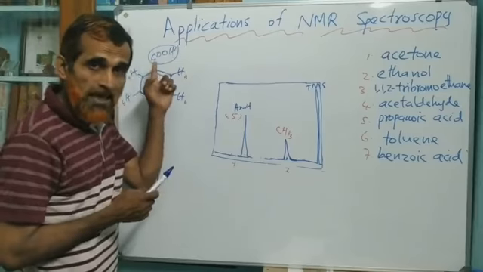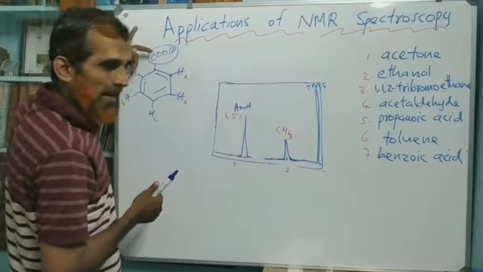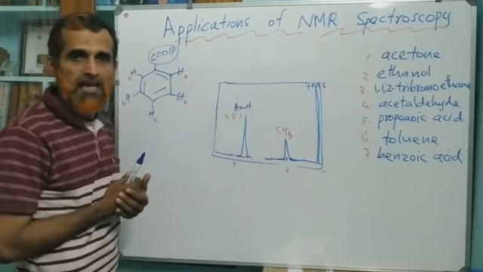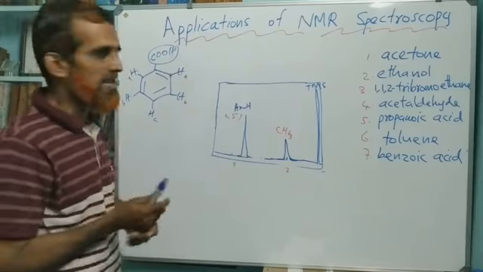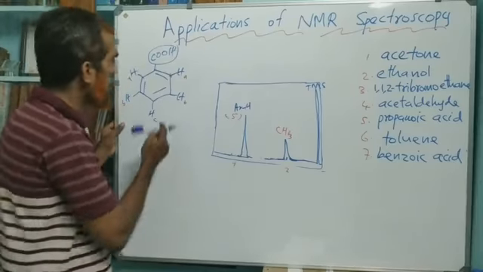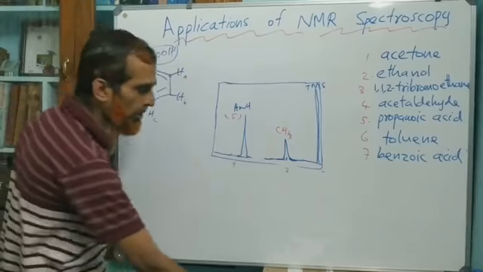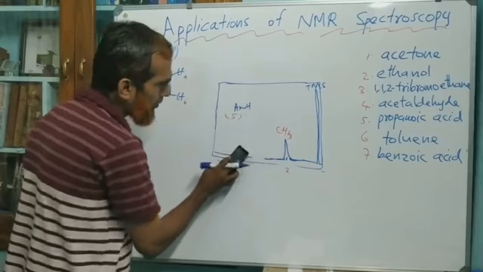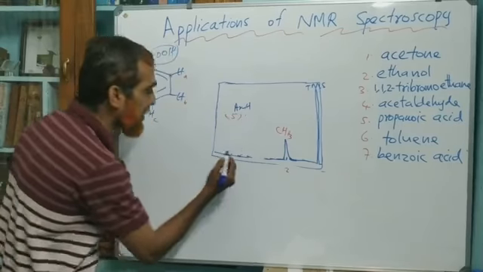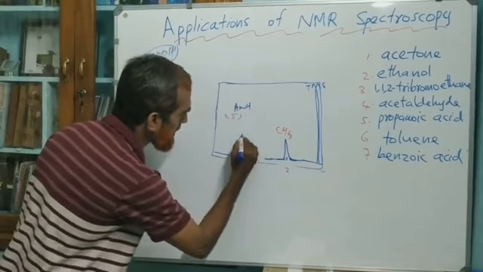When it was a methyl group, it's a carbon and there is not much difference in electronegativity, so the aromatic protons are almost equivalent. Here it is quite different. So there will be coupling also, and this aromatic signal in this case will appear as a complex multiplet, something like this.